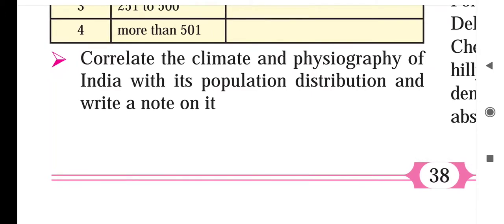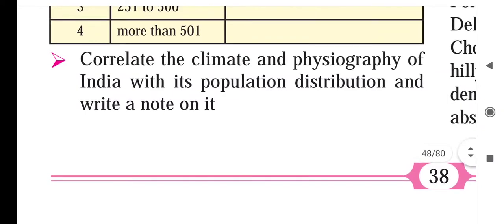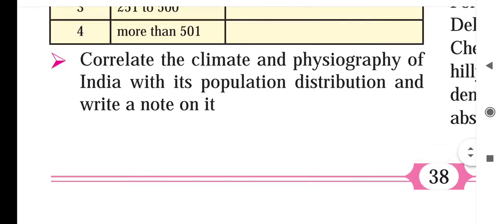Dense means what? More people. And where there are desert areas, forest areas, or where the rainfall is more, in those regions we find less population, because day to day they have to face a number of challenges, and due to climate and physiography they will suffer a lot.